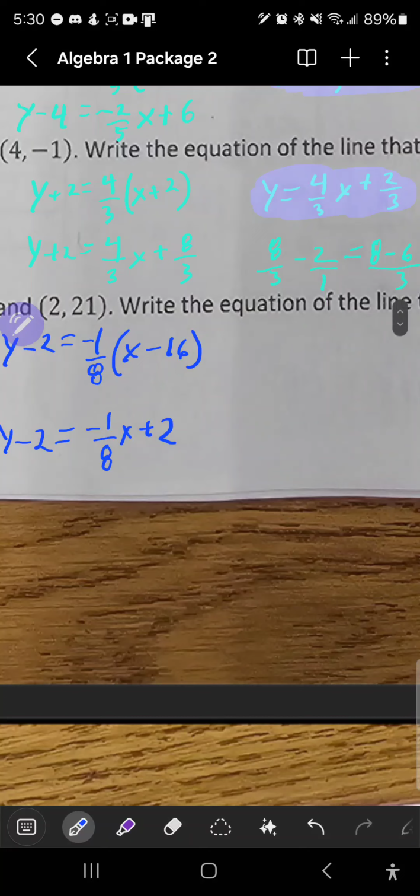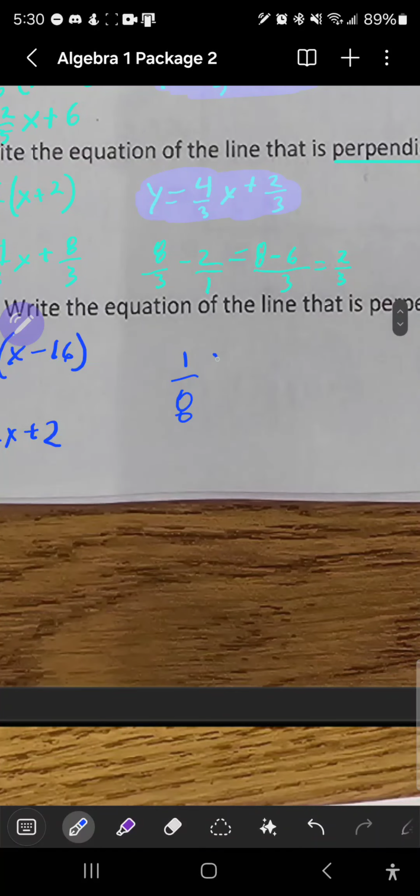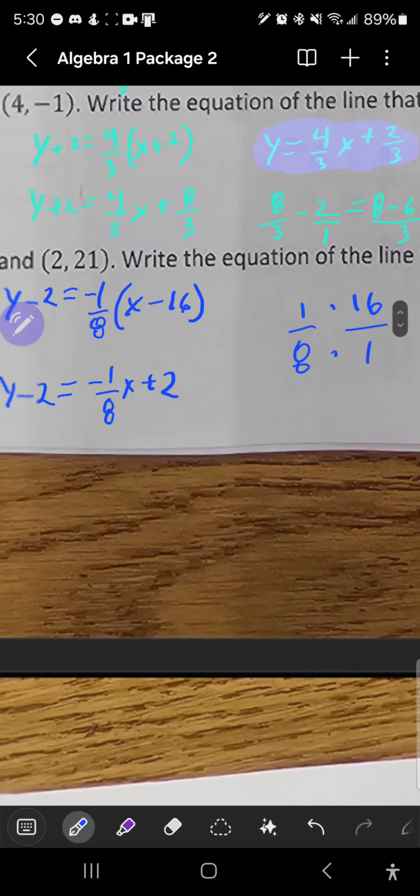And if you need to make sure we're right, just remember you're multiplying. So it's the numerator times the numerator and the denominator times the denominator. So the upper part and the bottom part. I just put it all positive because this is negative and this is also negative, so it becomes positive.